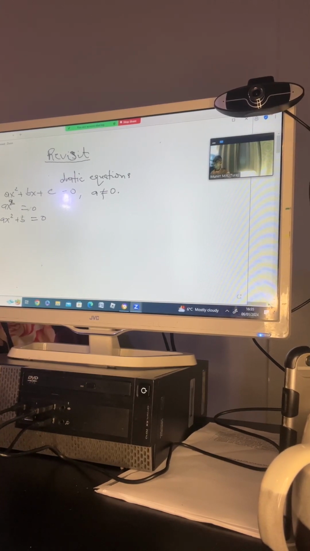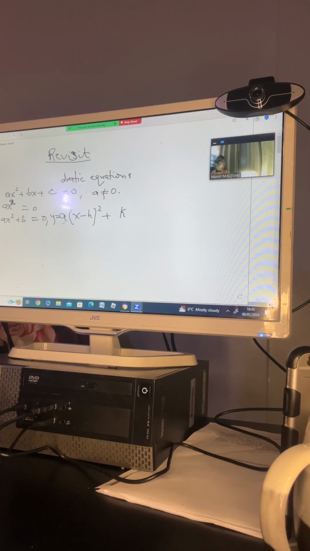These are constants. So we did say that if you want to factorize this quadratic equation using the factor method, you can factorize it as a into x minus h all squared plus k. Let me write it properly.